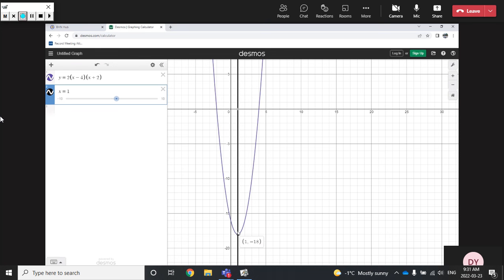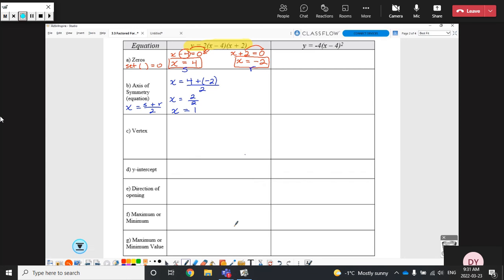So when we have the axis of symmetry, we have half the vertex, the x value of the vertex. So we're going to take this x value and substitute it into the equation to get the output, which would be y, or the dependent variable.